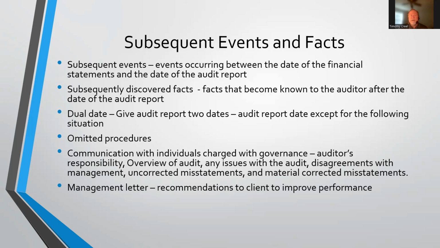In this case, what if around the end of January they have a major disaster or a major fire and they lose most of their inventory? Or maybe a lawsuit that was up in the air is settled.